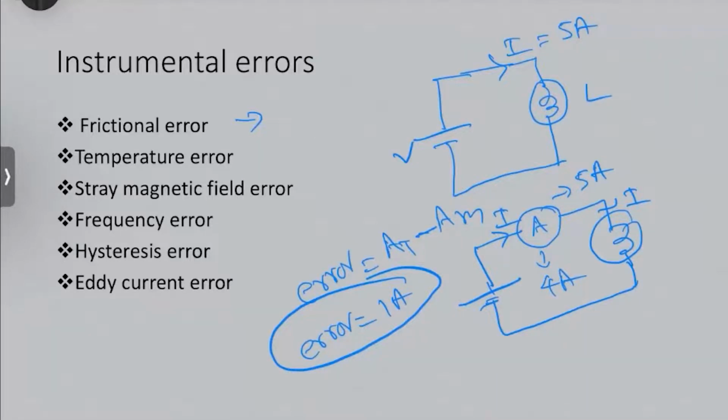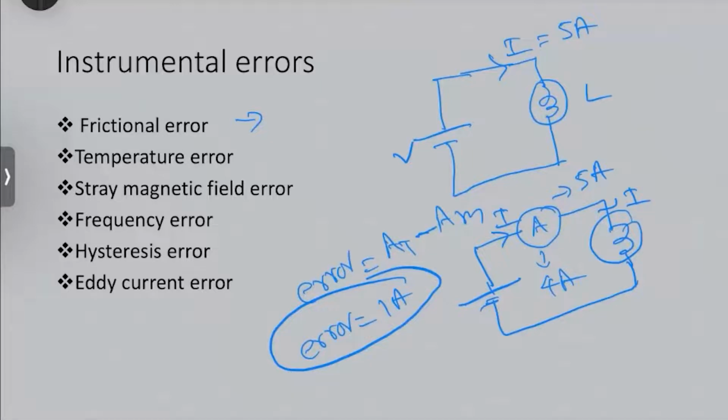We will see what are the different errors that occur in the given instrument. First one is frictional error. If you see all 3 meters, there exists some moving mechanism, no? Wherever moving parts are there, there exists some friction.